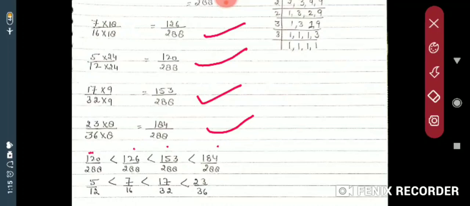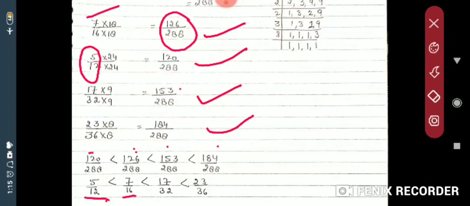Then here 120 upon 288, which fraction is it? 5 upon 12. Then 126 upon 288, which fraction is it? 7 upon 16. Then 153 upon 288, which fraction is it? 17 upon 32. Then 184 upon 288, which fraction is it? 23 upon 36.